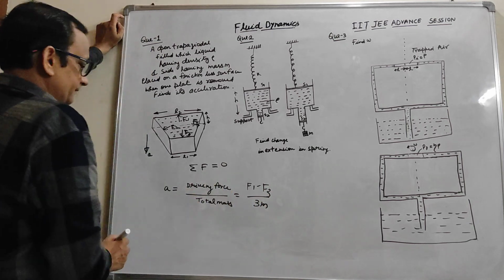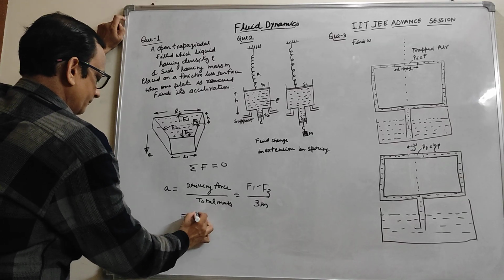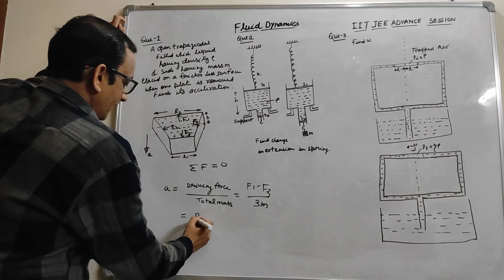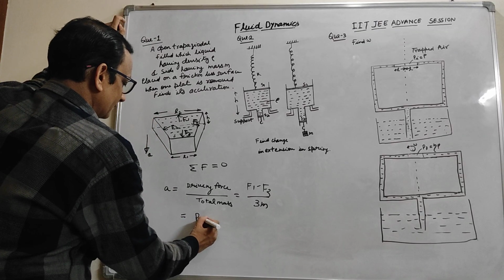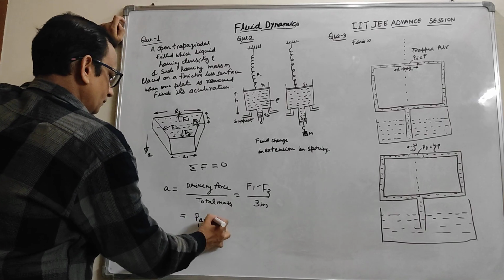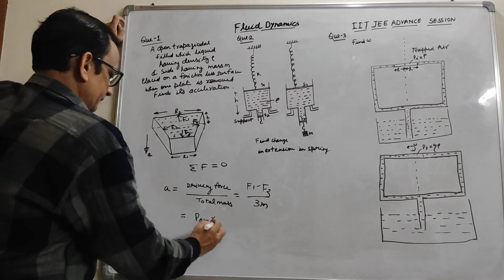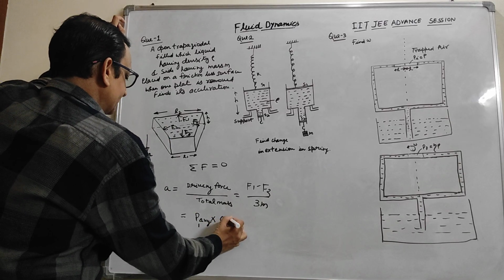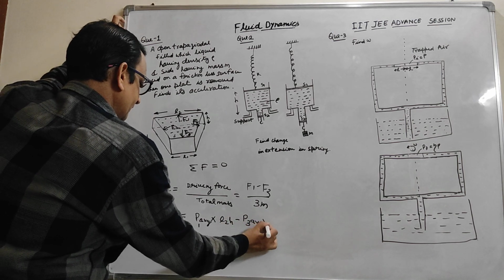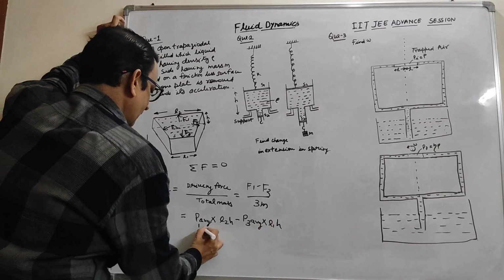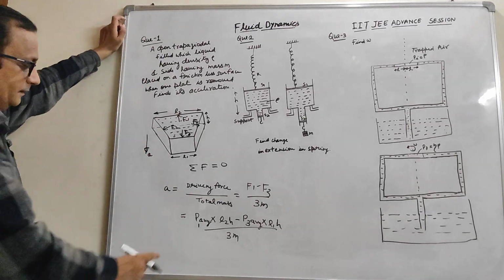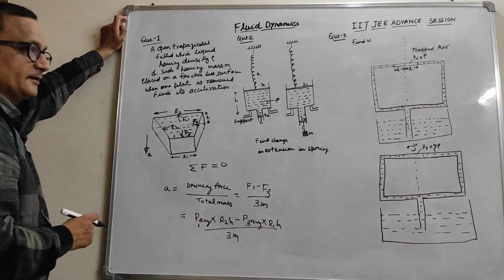So F1 would be the average pressure on this plate, P1, into area L2 into H, and P3 average into L1 H, upon 3m. The value of average pressure is rho gh by 2.